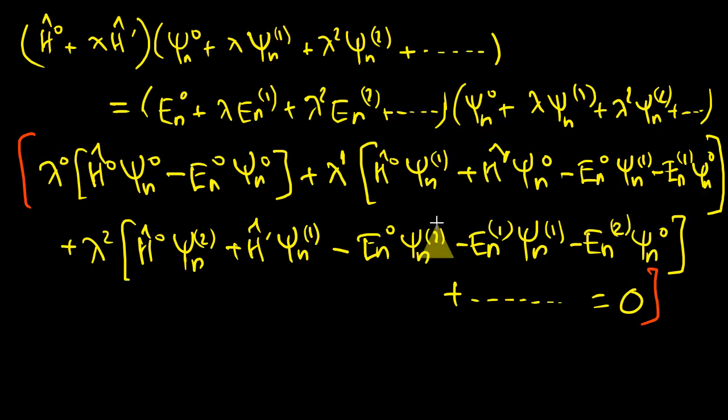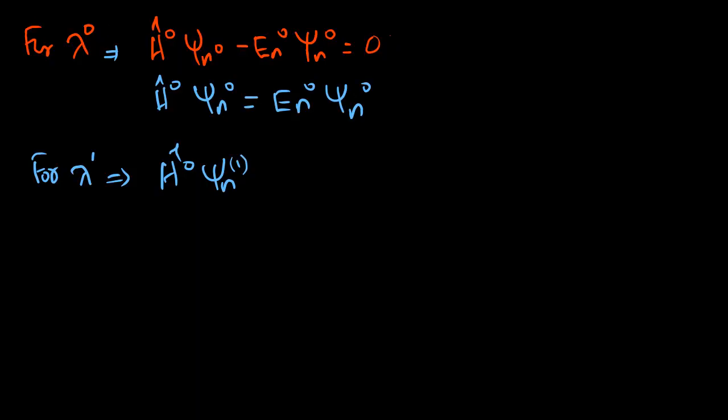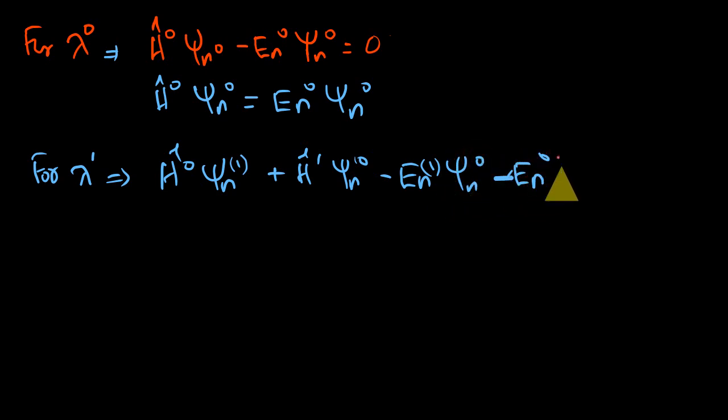You can remember this just like this, right? 0 and 1, in this case also 0 and 1 and 1 and 0. So like that. And H cap 0 psi n 1 plus H cap dash psi n 0 minus En 1 psi n 0 minus En 0 psi n 1, and that is equal to 0.